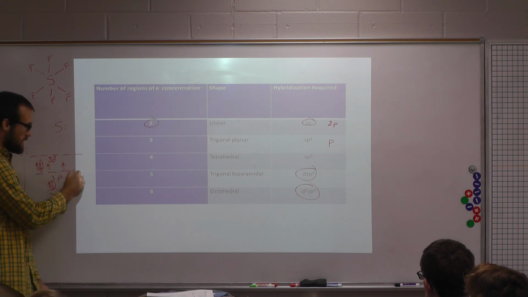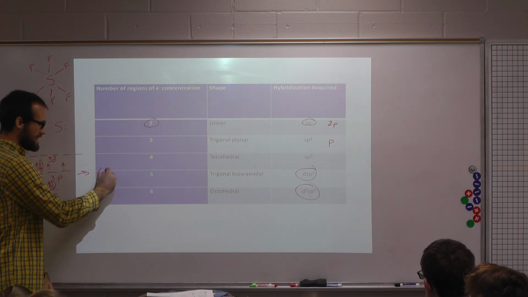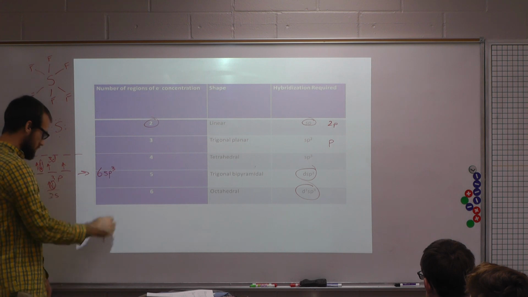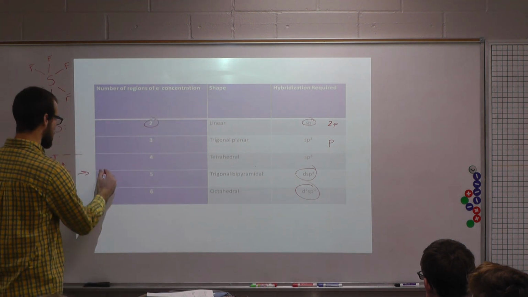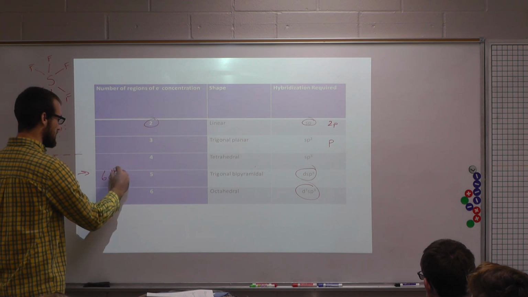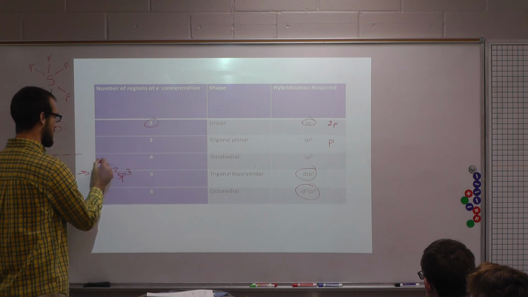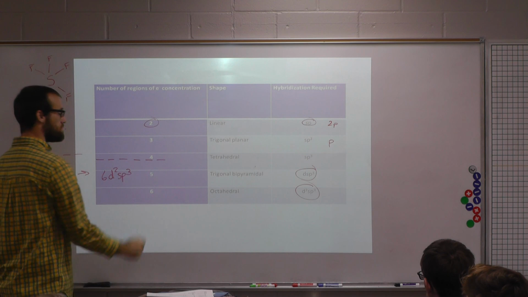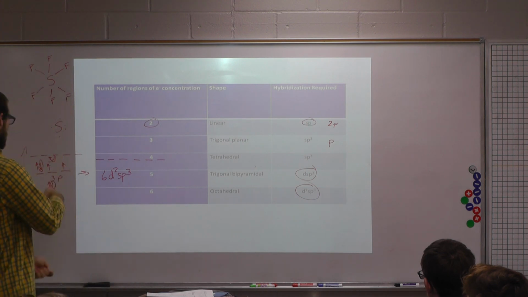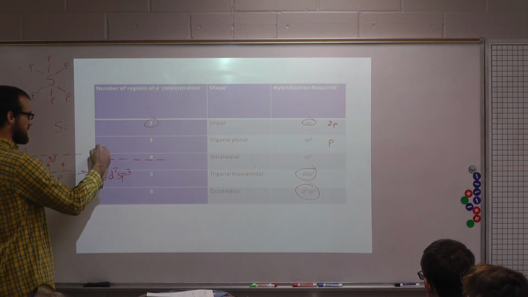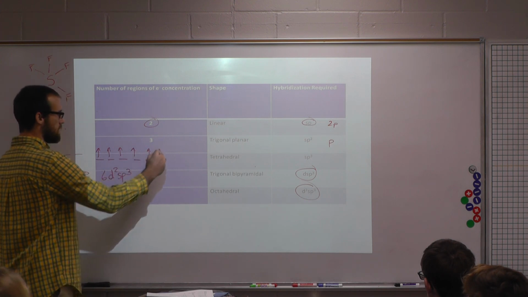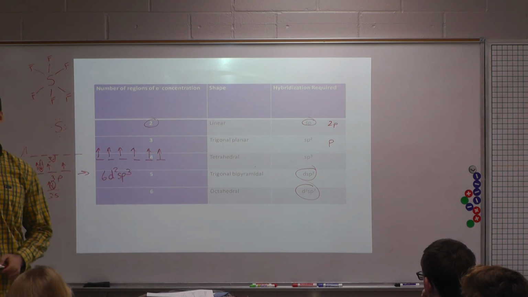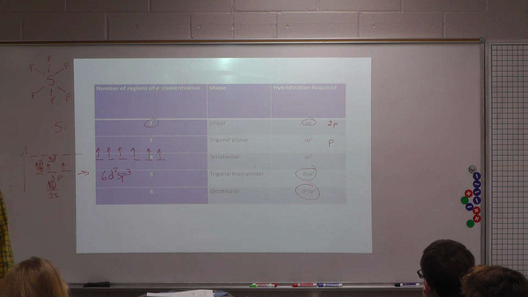And you're going to form 6 d2sp3 orbitals. So 1, 2, 3, 4, 5, 6. That makes sense? Not much.